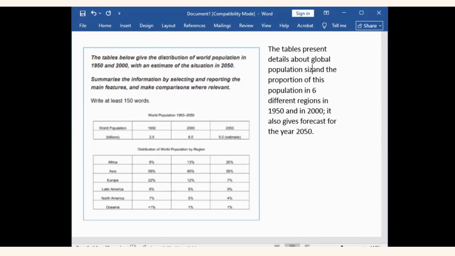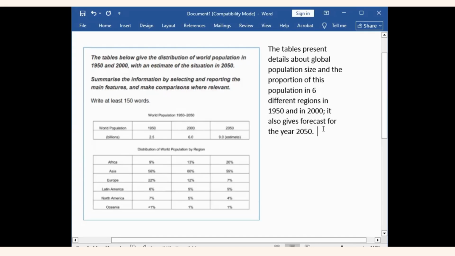Global population size. That's global population size, a paraphrase for what? The world's total population. So I can say the table presents details about the world's total population, or I can say about global population size and the proportion of this population in 6 different regions in 1950 and in 2000. It also gives forecasts for the year 2050.